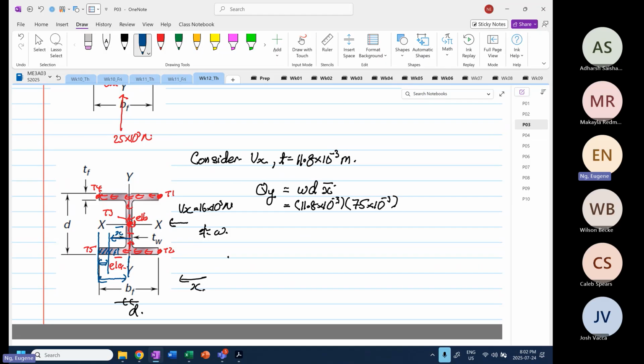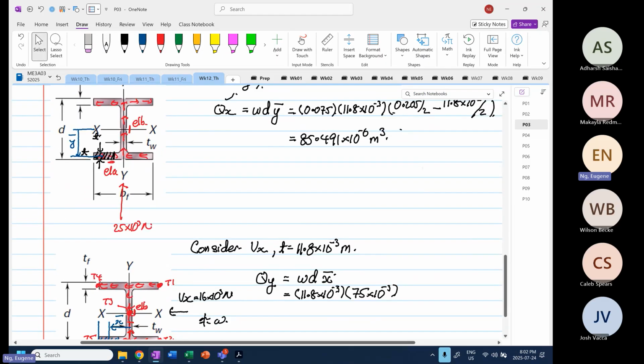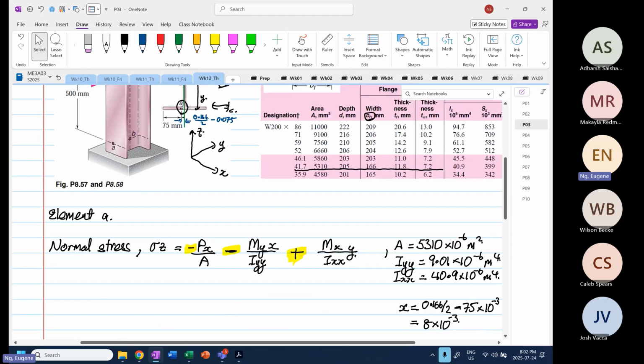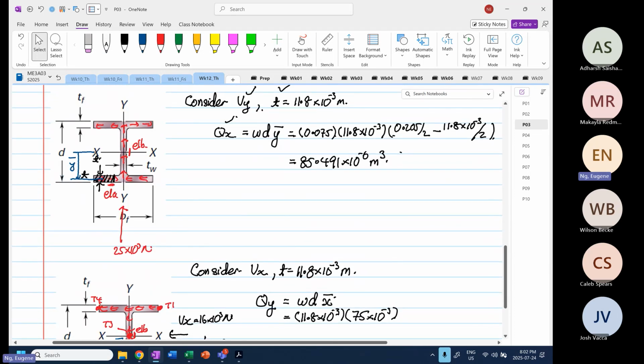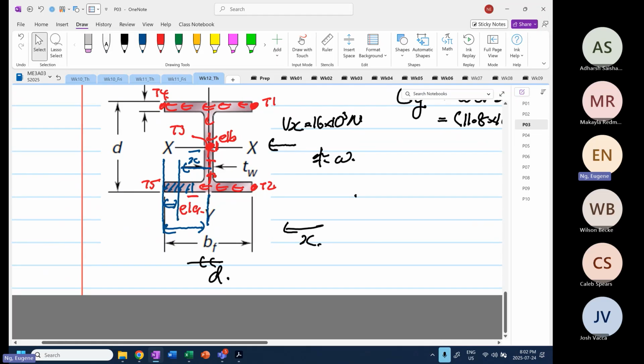So the distance from there is BF divided by 2. So it's your BF, 166 divided by 2. So I'll write down here the direction. So this is 0.166 divided by 2. And this distance over here is equal to 0.075 divided by 2.